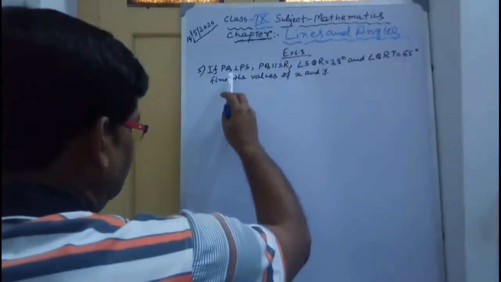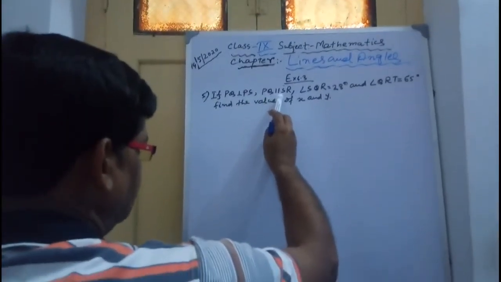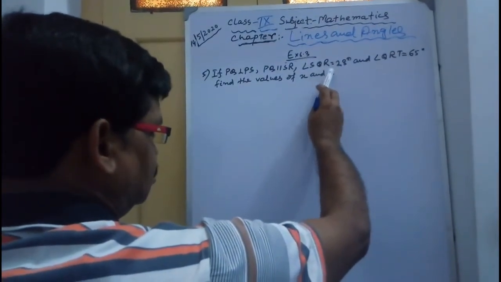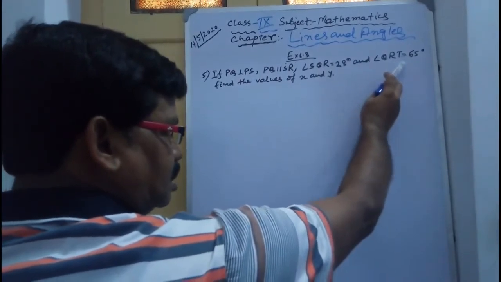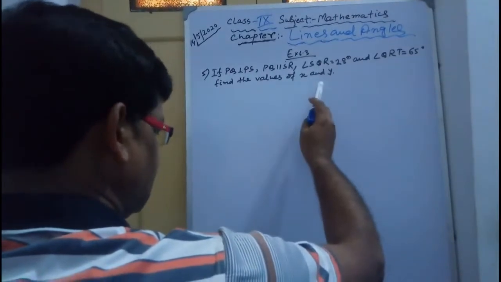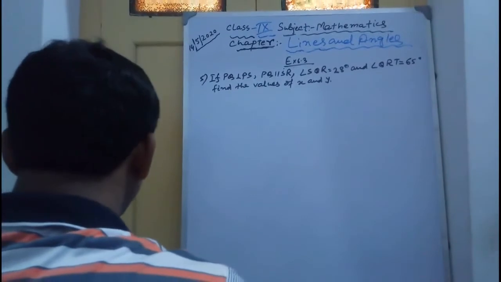If PQ is perpendicular to PS, PQ is parallel to SR, angle SQR equals 28 degrees, angle QRT equals 65 degrees, then find the values of X and Y. So see the figure.